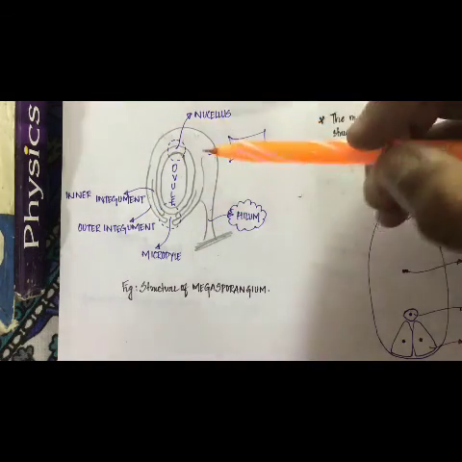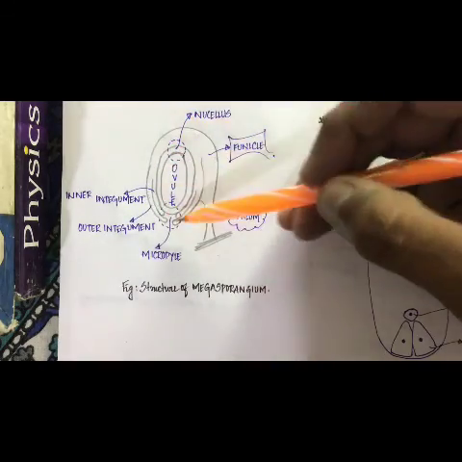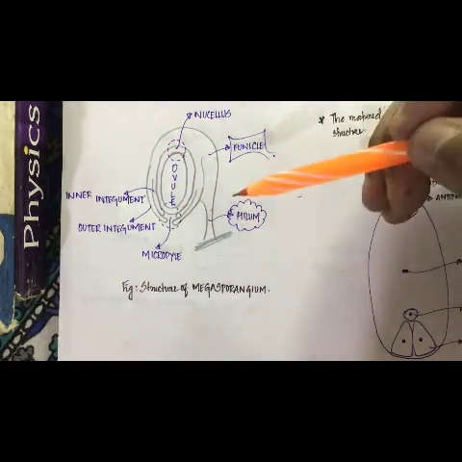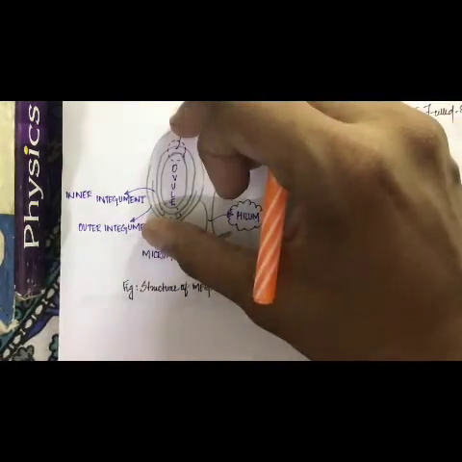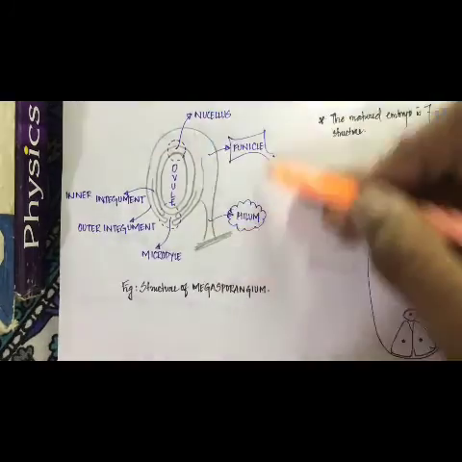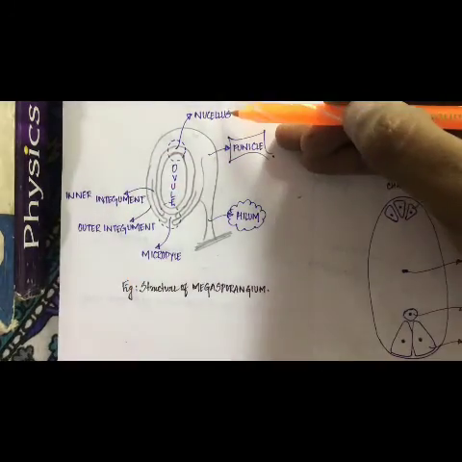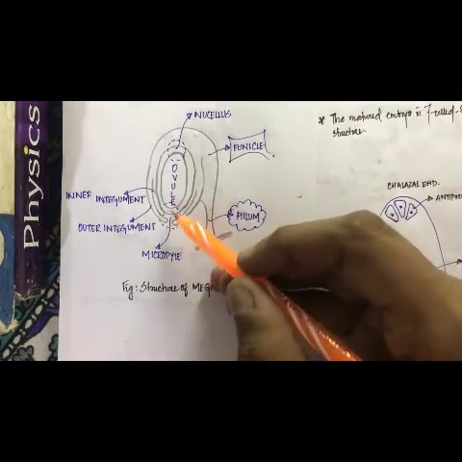Remember once again: the megasporangium is attached to the ovarian wall with the help of hilum. The junction between this hilum and megasporangium is funicle. In this megasporangium, the outer layer is outer integument, then inner integument, then nucellus, and finally the cells of the ovule. These integuments are not sealed.